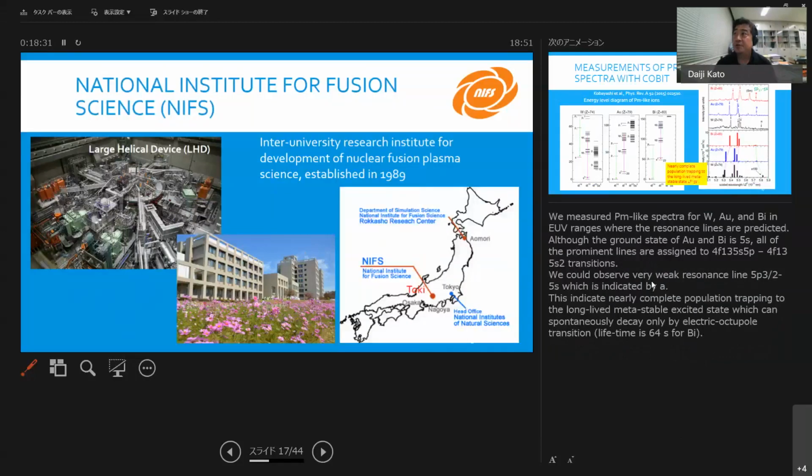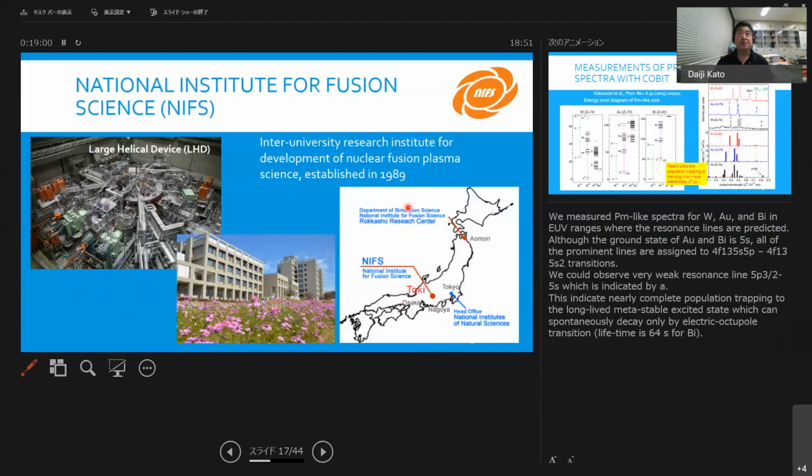So we measured promethium-like spectra for tungsten, gold and bismuth in the UV range, where the resonance lines are predicted. And we found that, although the ground state of gold and bismuth is 5s, so alkali-like, all of the prominent lines are assigned to 5s 5p to 5s squared.